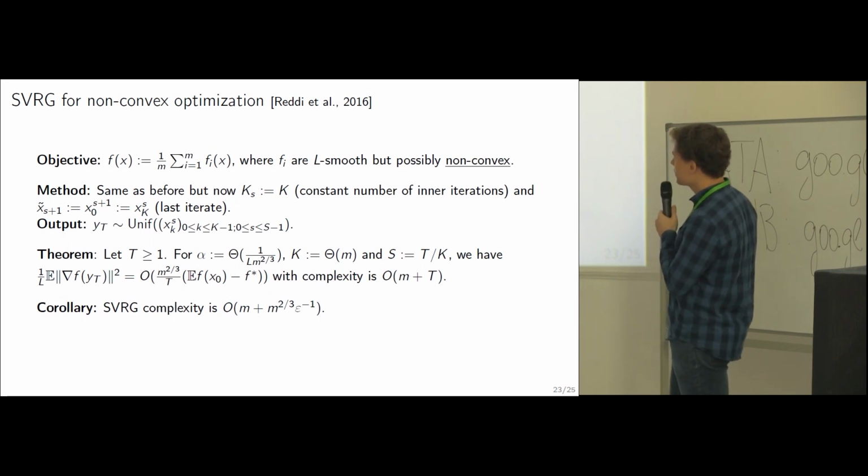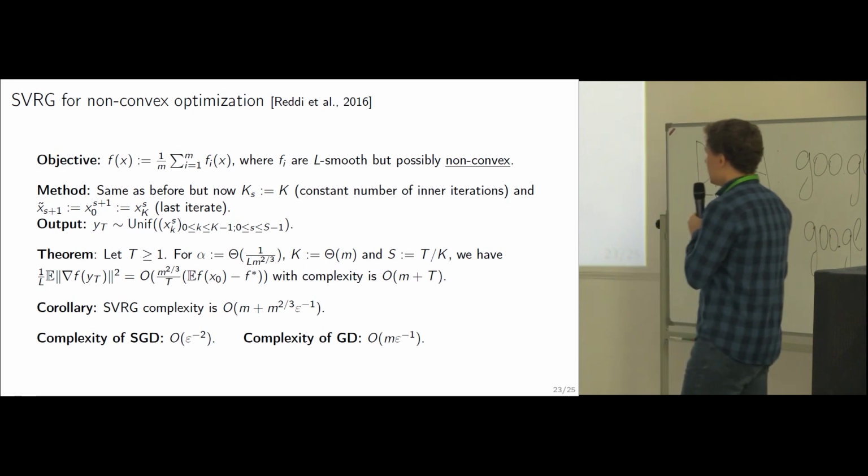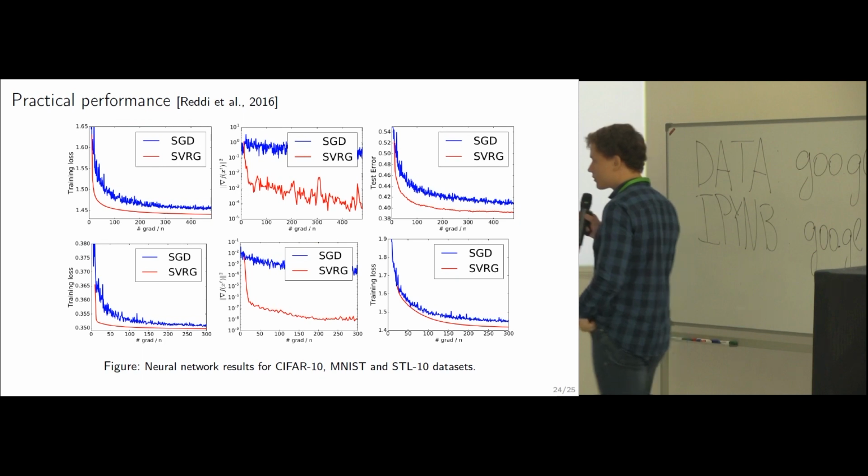And again, even in the context of non-convex optimization, we may actually outperform the basic SGD method because we have this epsilon to the minus first complexity. Okay. Now, this was all theory.